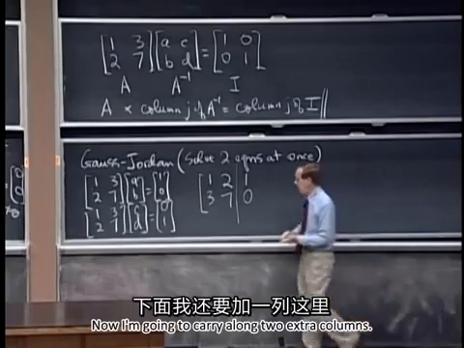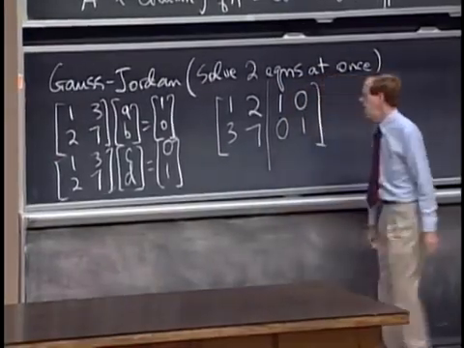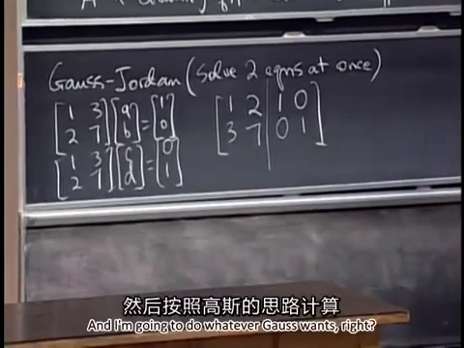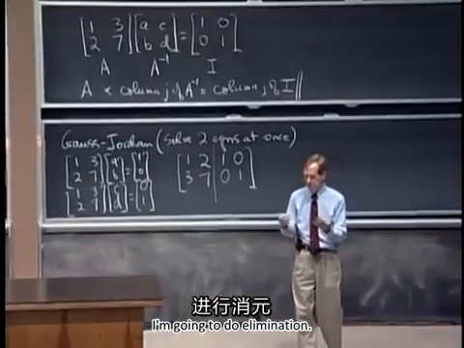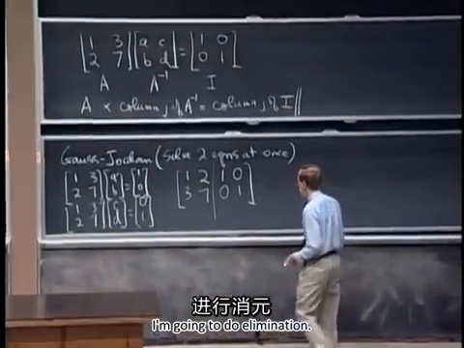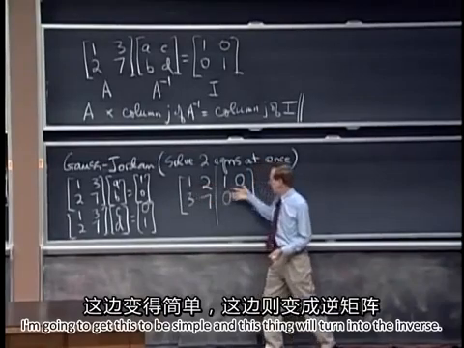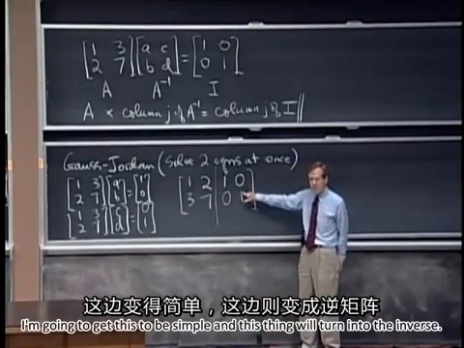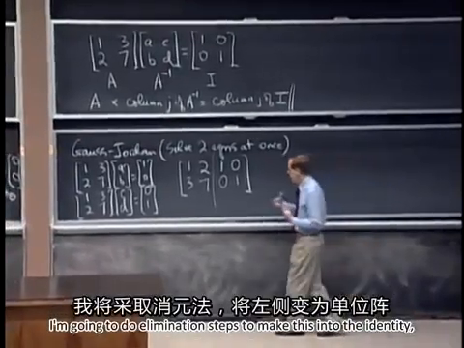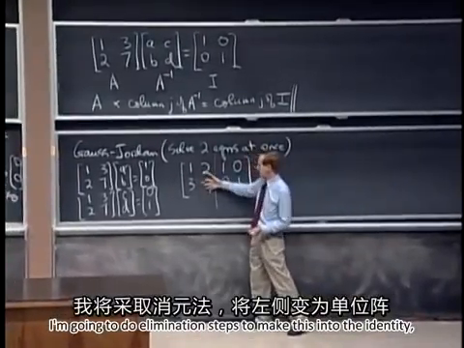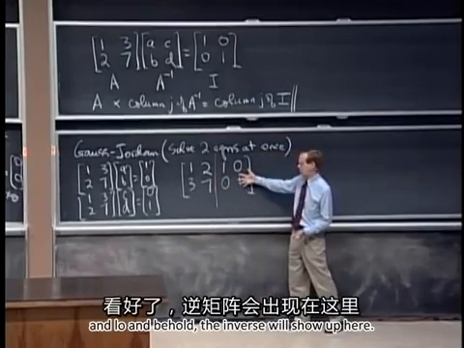Now I'm going to carry along 2 extra columns. And I'm going to do whatever Gauss wants: elimination. I'm going to get this to be simple, and this thing will turn into the inverse. I'm going to do elimination steps to make this into the identity, and lo and behold, the inverse will show up here.